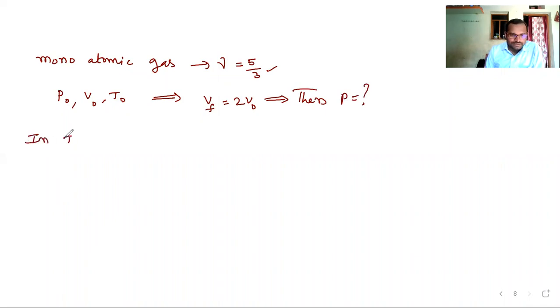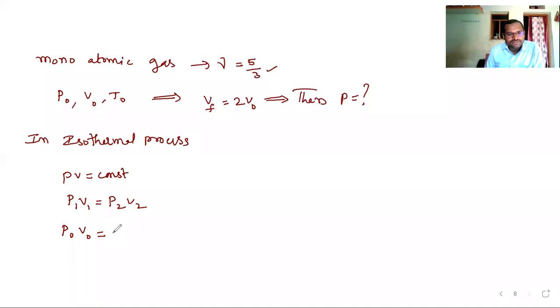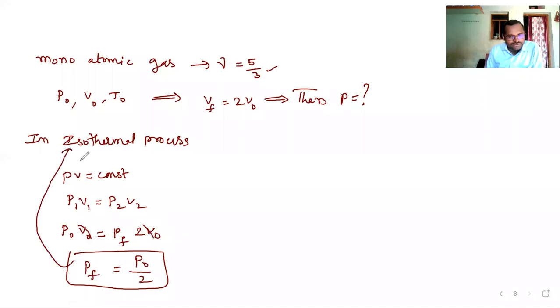In isothermal process, we know PV is constant. That means P1 V1 is equal to P2 V2. P1 is P0, V1 is V0, P2 we need to find, V2 is 2V0. V0, V0 cancel. So P final will become P0 by 2 in the isothermal process.